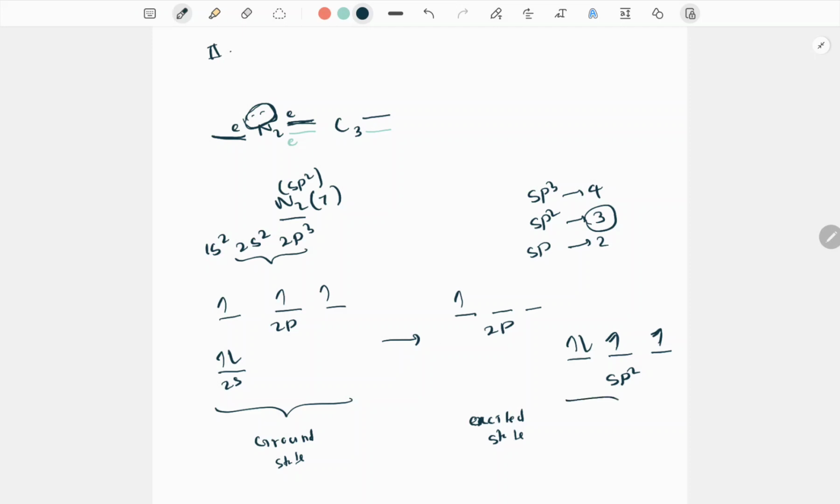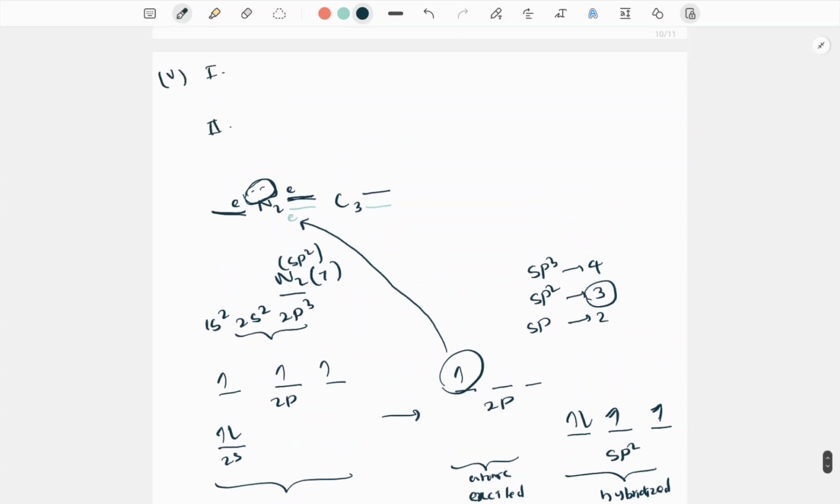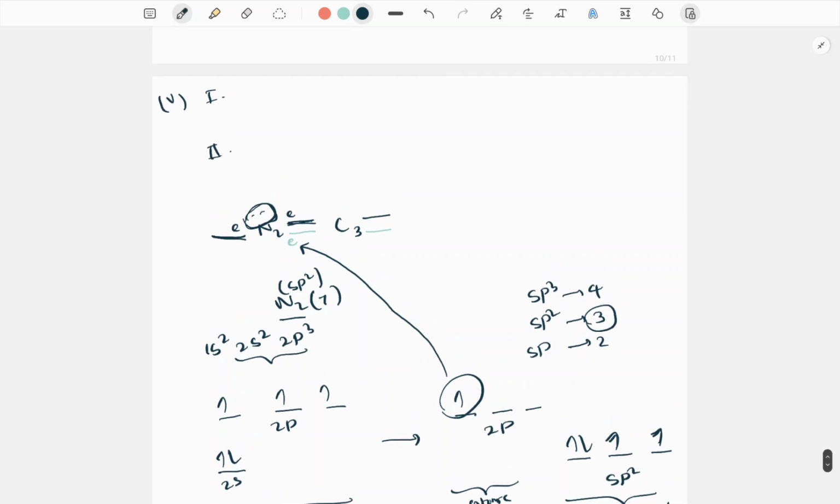This will not be in a hybridized orbital, but will be in an atomic orbital. Therefore, this is the electron involved in this pi bond. Understand that one? Therefore, I explained this thing.